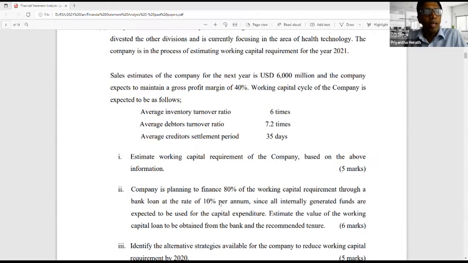Loan amount is not that difficult. The company is planning to finance 80% of the working capital requirement, right? Through a bank loan, right? Therefore, loan amount is 80% of your working capital, right?